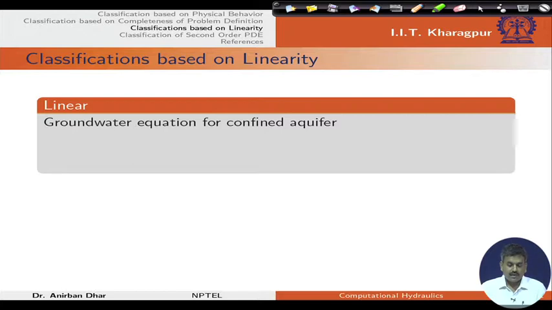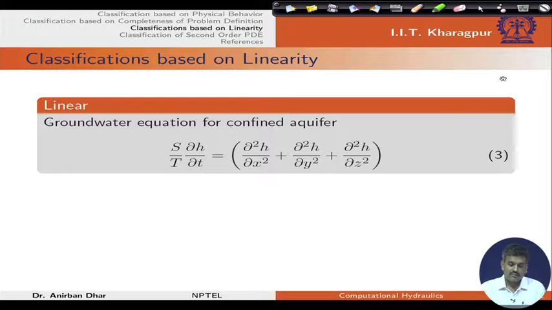Then classification based on linearity. A classic example is the groundwater equation for a confined aquifer. Obviously this equation is linear in nature because there is no multiplication of dependent variables.